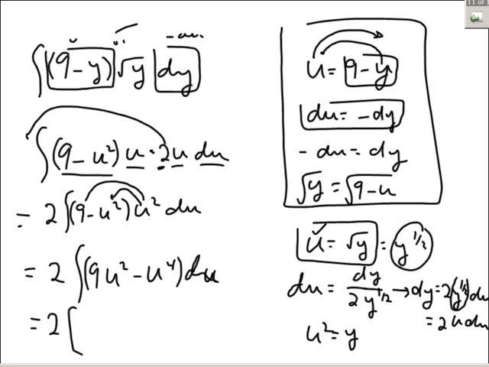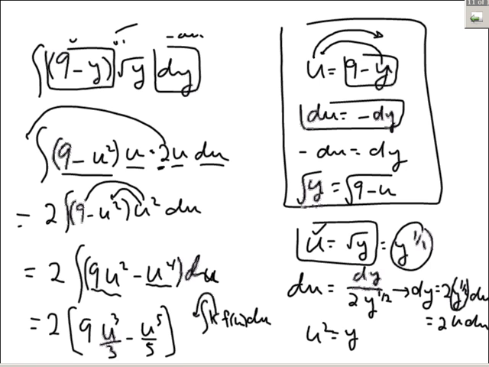Here's my 2. The integral of 9u squared, the 9 stays there, it's a constant. Remember the integral of a constant times f of u, the constant can come in front. U cubed over 3 minus the integral of that, u to the 5 over 5. And of course this becomes 3.